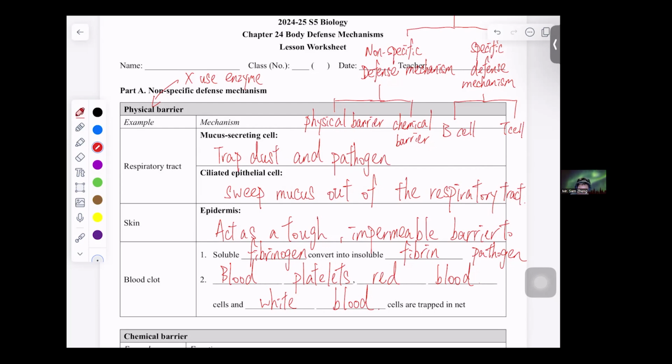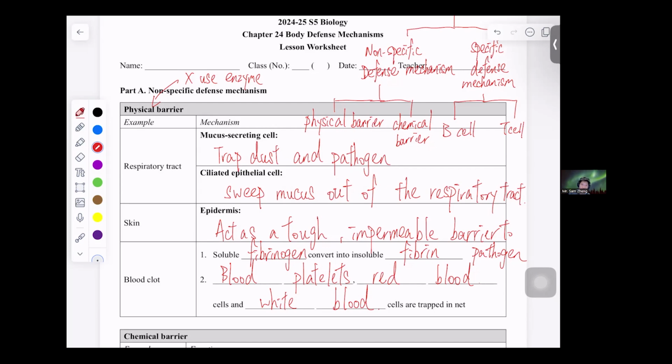Remember, the cilia on the ciliated epithelial cells are totally different from the hair we have in our nostril. The hair traps some large-sized dust and also some air particles.